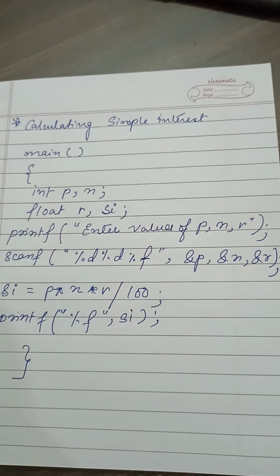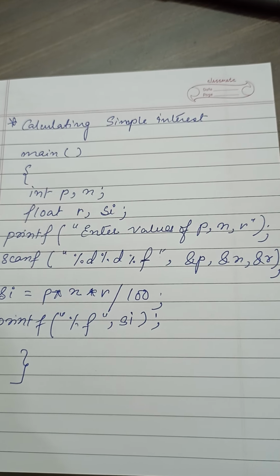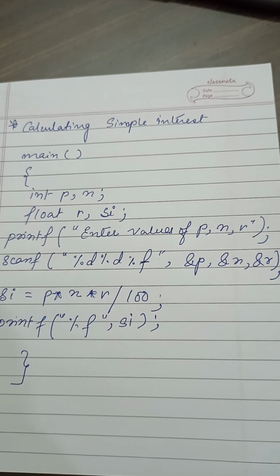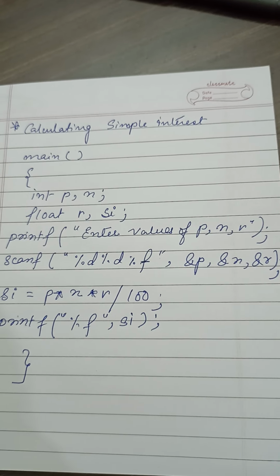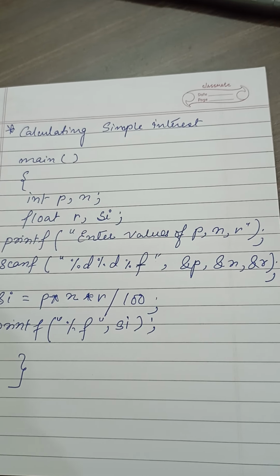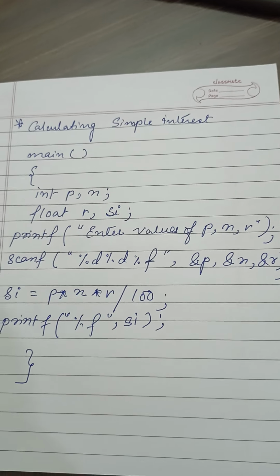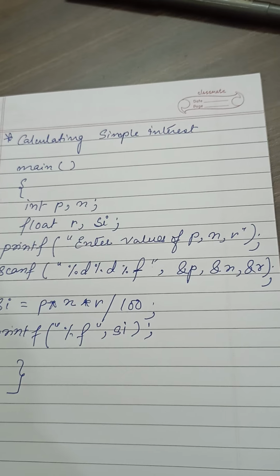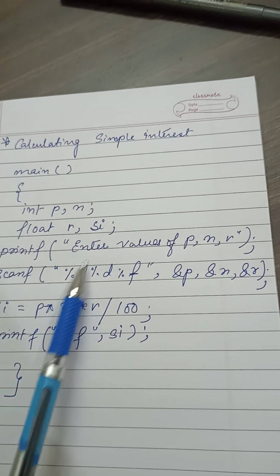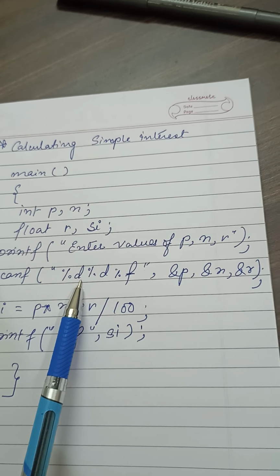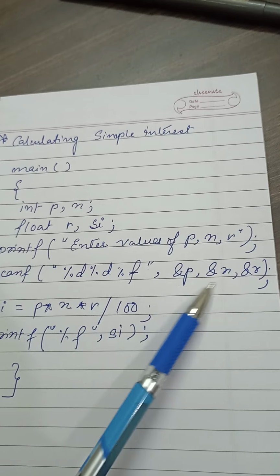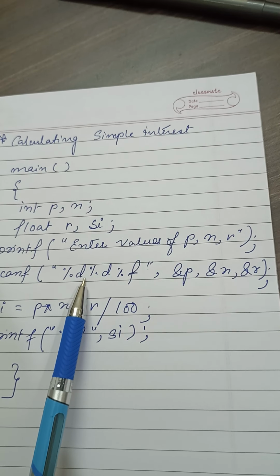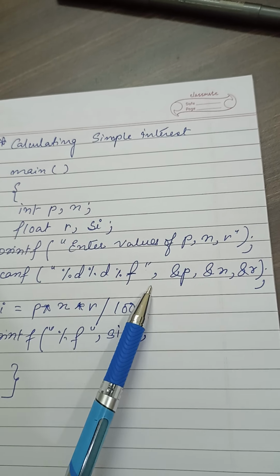Then we have to enter the value of p and r. Suppose for p you have entered 1000, for n you have entered 3 years, for r you have entered 2.5, anything you can enter. Since p will be integer type, we should declare it as %d. N is also integer type, but r, the rate of interest, is float type.